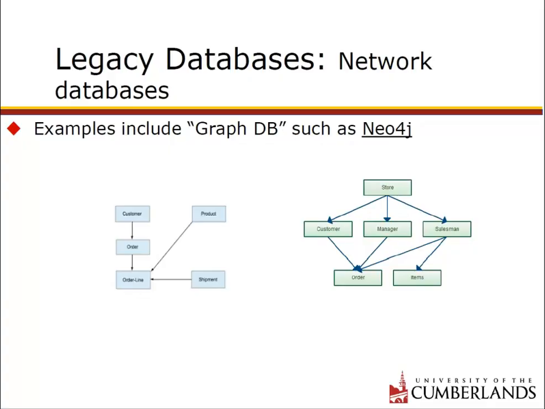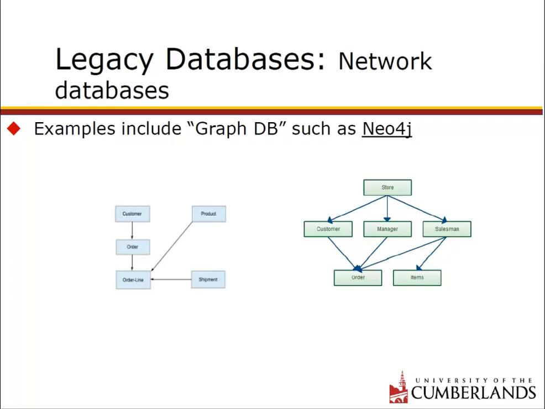Now here you can see a visual example of network database structures, illustrating how the flexibility of network models allows for more complex and realistic data relationships compared to strict hierarchical structures. The diagrams represent how entities can be interconnected in multiple ways, forming networks rather than simple trees.